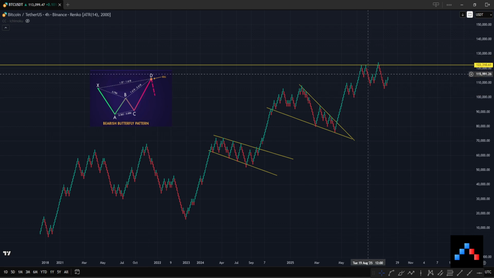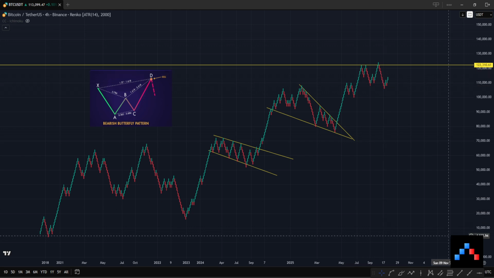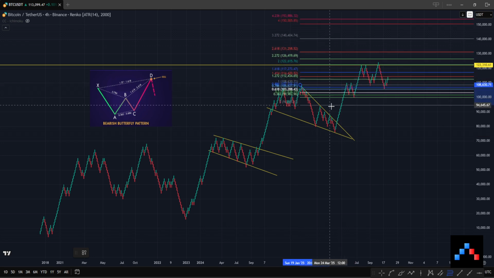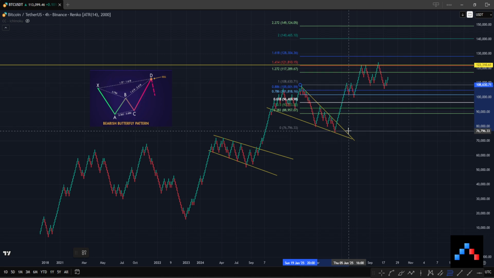So we need to analyze this pattern a little bit more clearly in order to see how much weight it has. How are we going to do that? Well, we're going to use a Fibonacci extension from point A to point B on the previous leg of the move. So we have A and B. You can see that the harmonic pattern got completed at around the 1.414 Fibonacci extension level.